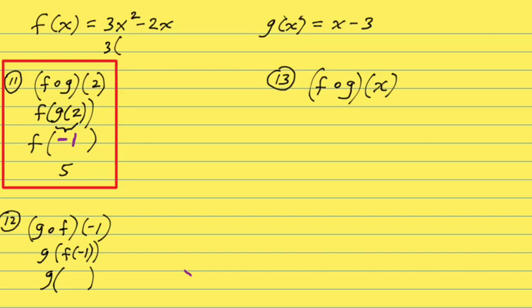If you put in a -1, we just found it to be 5, didn't we? If you put in a -1, I think you get 3 plus 2 or 5. So now I need g of 5. Replacing in the g with a 5 makes this result a 2.